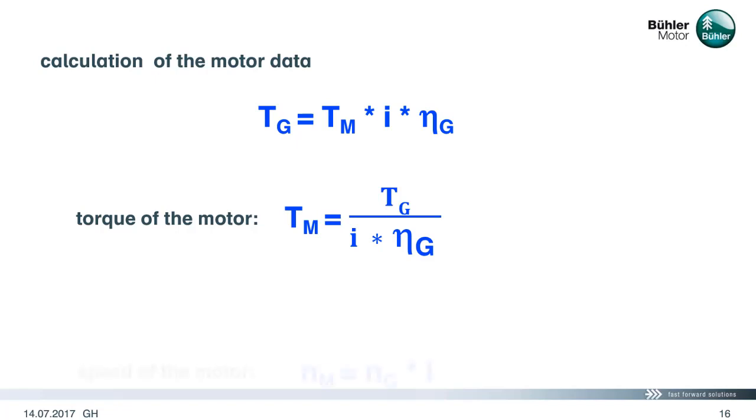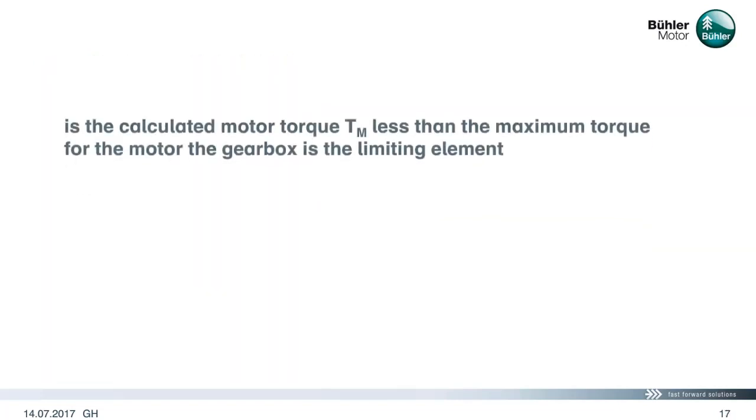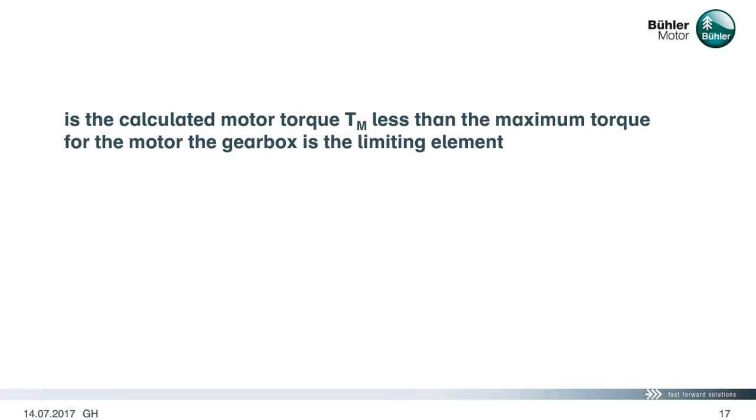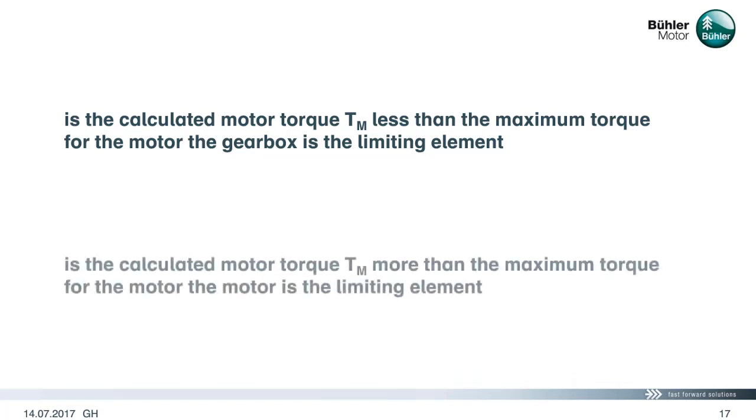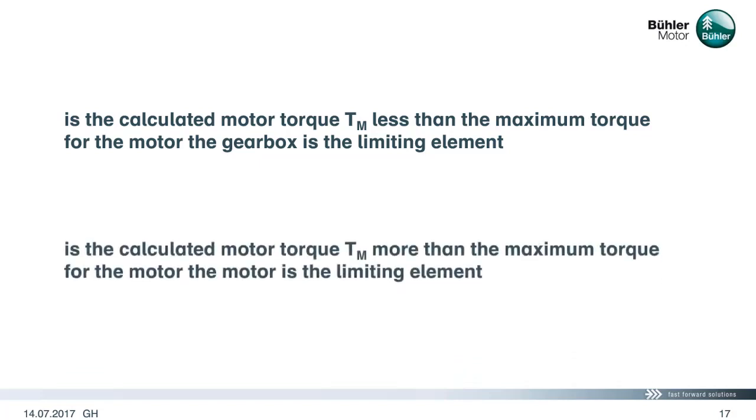The speed of the motor is n sub m is n sub g multiplied by I. Is the calculated motor torque T sub m less than the maximum torque for the motor, the gearbox is the limiting element. Is the calculated motor torque T sub m more than the maximum torque for the motor, the motor is the limiting element.